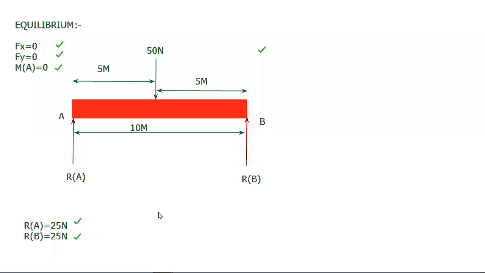So do you remember this thing, that here it will be equally divided? But if it is not equally divided, if some other forces are given, then also you are able to find the support reaction. How are you able to find that? By using the equilibrium condition.